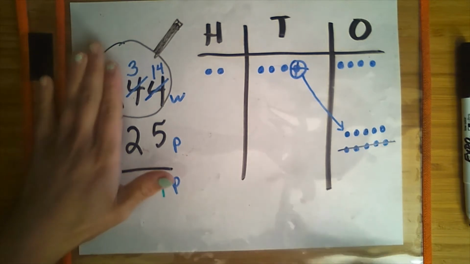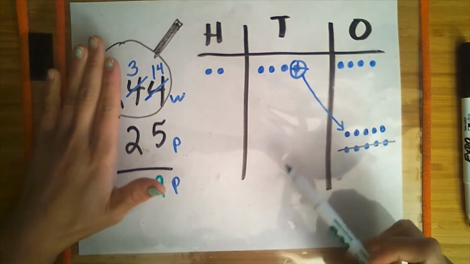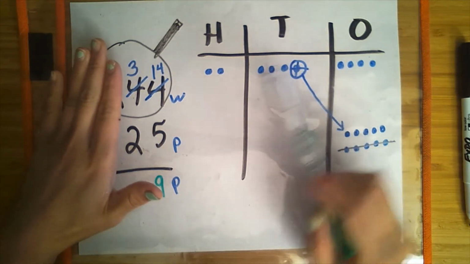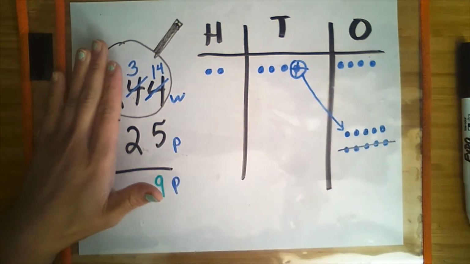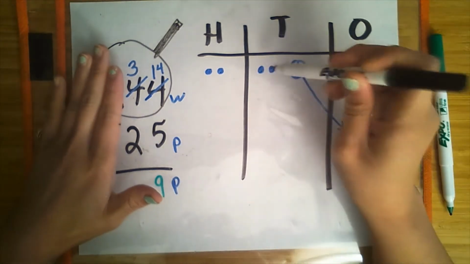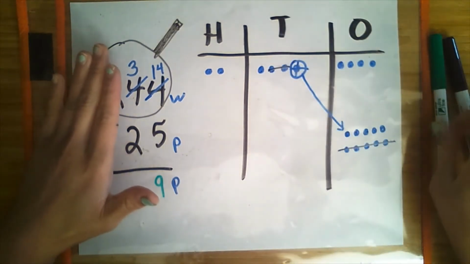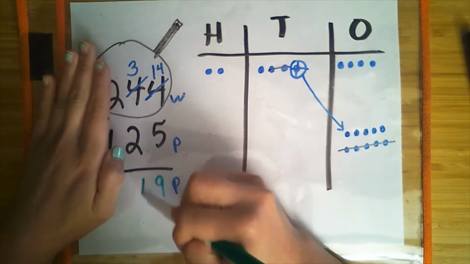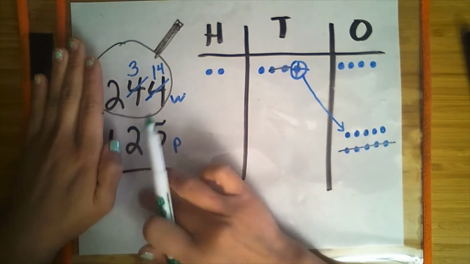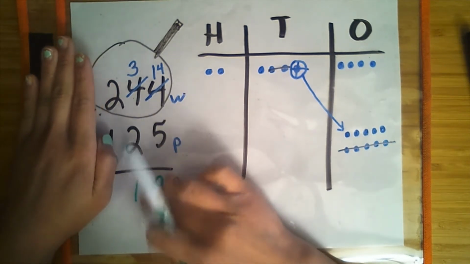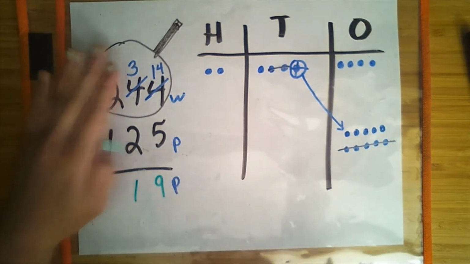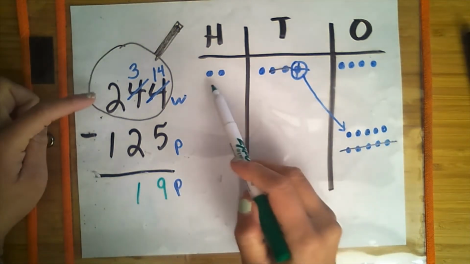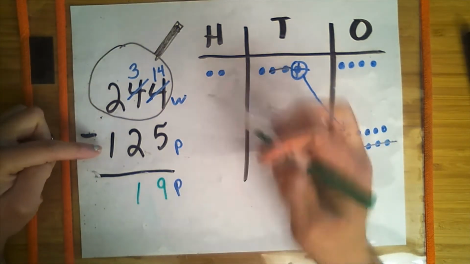And then moving on to my 10s. I have 3 10s now, and I'm going to take away 2 10s. That's also really easy. Bloop. I have just 1 10 left now. And I'm going to go ahead and reflect that as well in my tens place. And then taking a look at our hundreds, we have 200s, and we're going to take away 100.